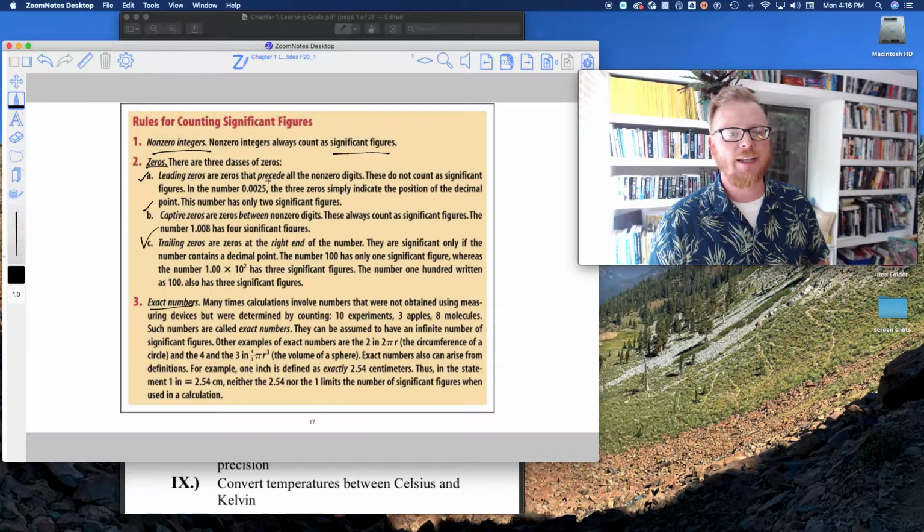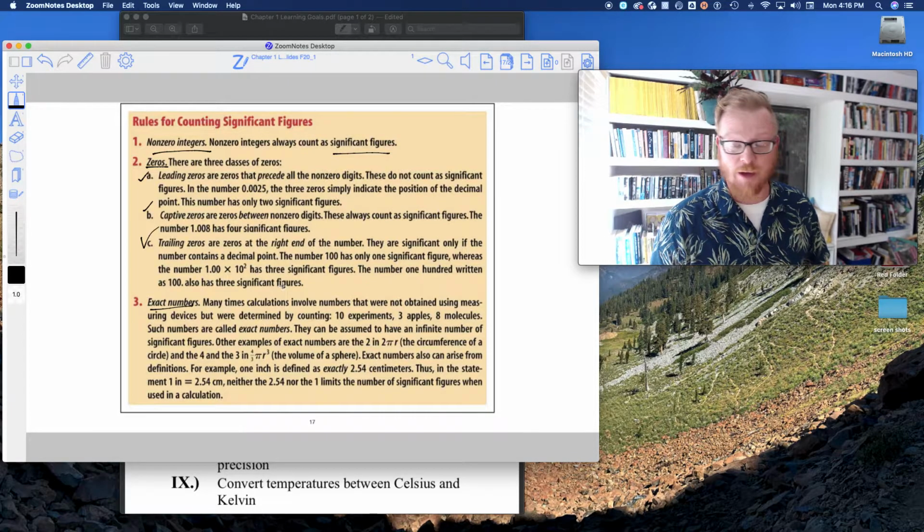A leading 0 is anything that precedes a non-zero digit or a decimal. For example, right here, we have 0.0025. The leading zeros don't count. So in this number, 0.0025, there are only two significant numbers, and that's the 2 and the 5.